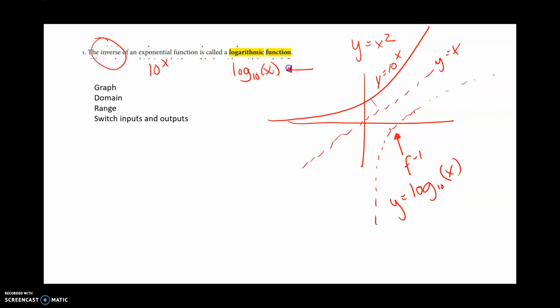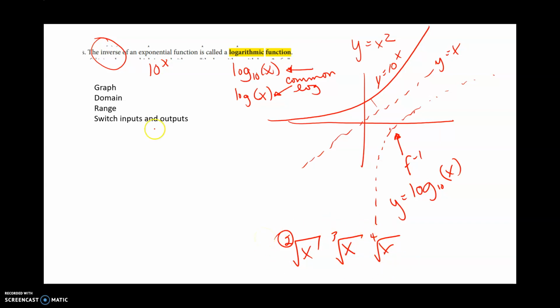This is actually the common logarithm, and you don't have to write the 10. So log of x automatically means it's base 10 because it's the most common one. Similar to when we had square roots, we didn't have to write that little 2 because it was the most common one. But when we're doing cube roots or fourth roots, we have to write that number.